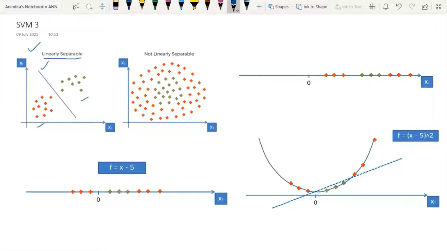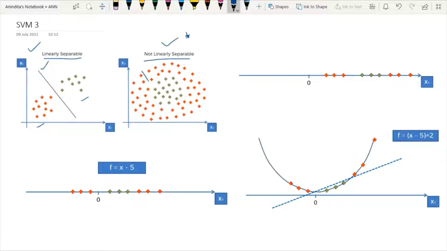Now here consider this situation where these data points cannot be separated by any single line. Horizontal, vertical, diagonal, we cannot separate them. So in this case, these are known as non-linearly separable data points. So now we have to understand how SVM will work.